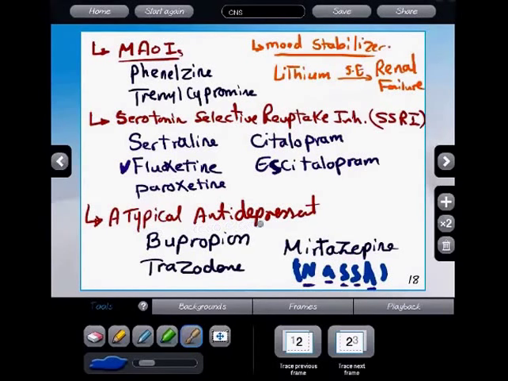Atypical antidepressants like bupropion, trazodone, mirtazapine, and these atypical antidepressants we call noradrenergic serotonin selective agonists. They are the most common in the market nowadays, the newest drugs for depression: bupropion, trazodone, mirtazapine.